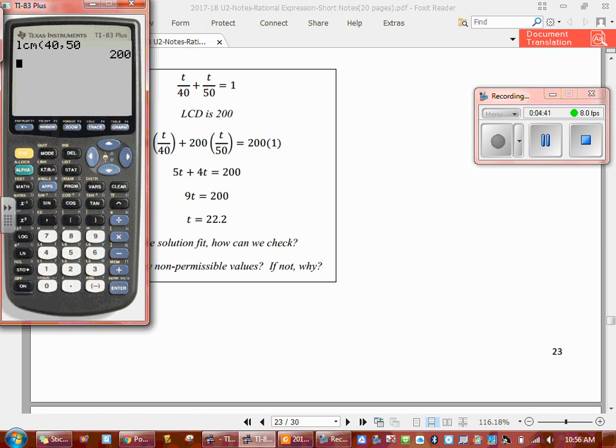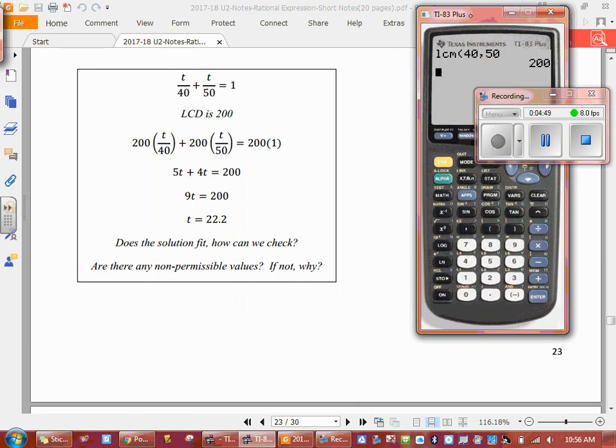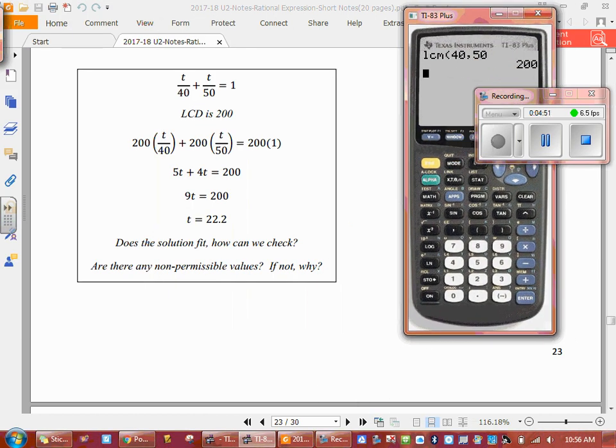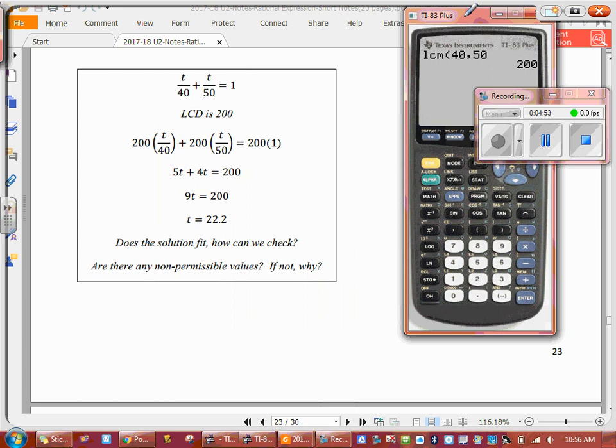We've got 200. So now we're going to multiply. They're showing us that they're multiplying by 200. So they're multiplying this guy by 200, this guy by 200. What we would do is multiply by what's missing. Well, this guy is missing what? He's missing a 5. What's this guy missing? He's missing a 4.